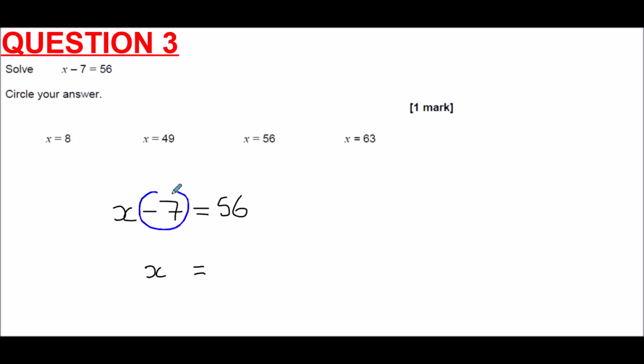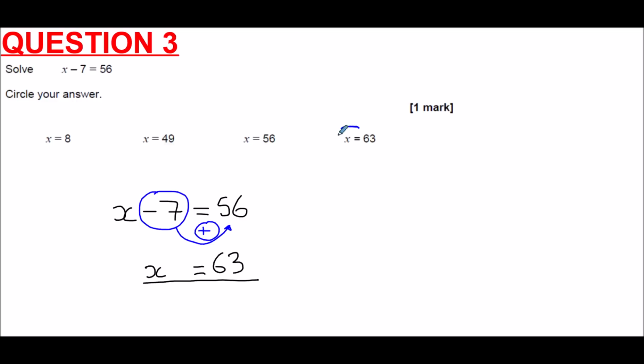And what we can do is we can move it to the other side of the equation. But when we swap side, we swap sign. Opposite of minus is plus, and so the minus changes to a positive. On the other side, we'll get 56 plus 7, which will be 63. And so the answer to this equation is x must be 63.